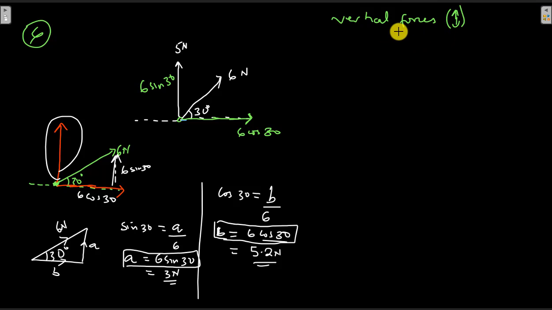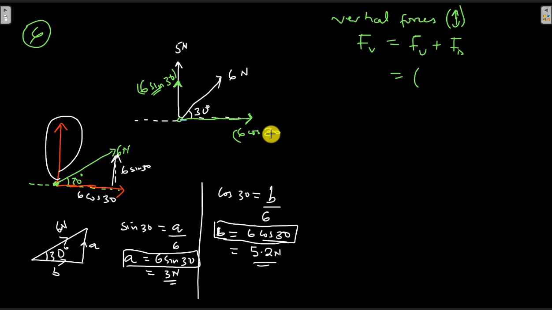Of course, the total force in the vertical direction, let's call that Fv, involves getting the sum of forces in the upward direction plus the sum of forces in the downward direction. So let's go ahead and do that. Do we have any forces in the upward direction? Yes. So, oops, I got to put another arrow here to show that this is the sine 30, and then we also have 5 newtons there.